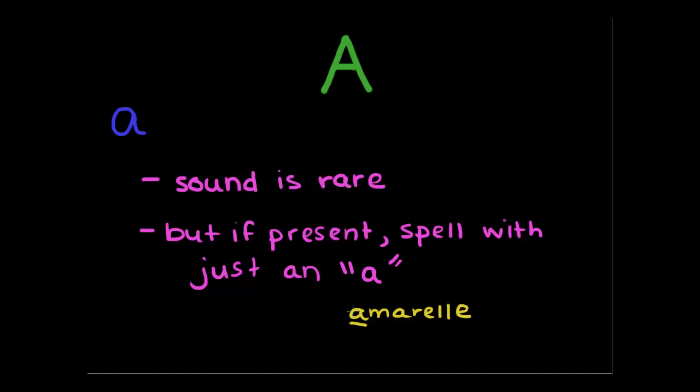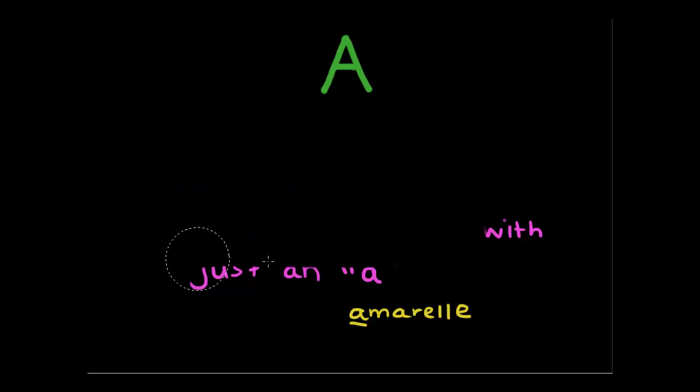So amarel, the A for the A sound. So you're not going to hear the A sound a whole lot in German, but if you do, spell it with an A. That's really the only way to spell it in German. So we don't have to worry about that too much, but just in case, if you get it, spell it with an A. And that concludes A for us, and we can move on to E.